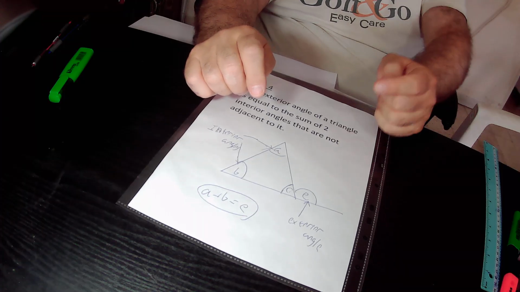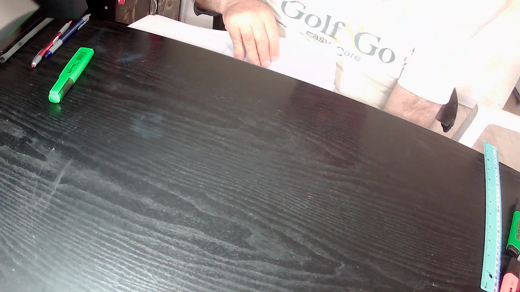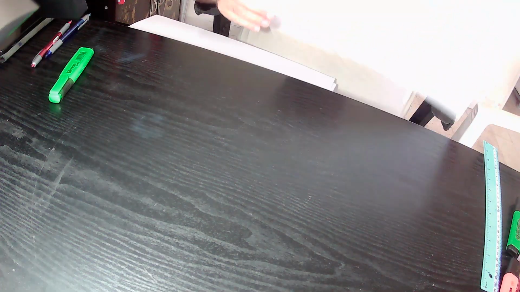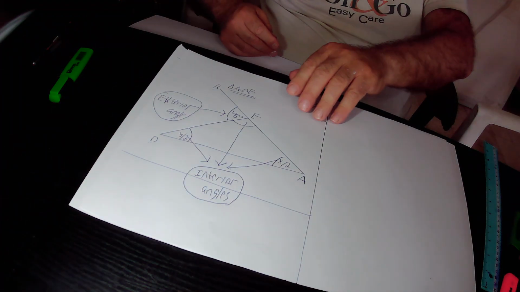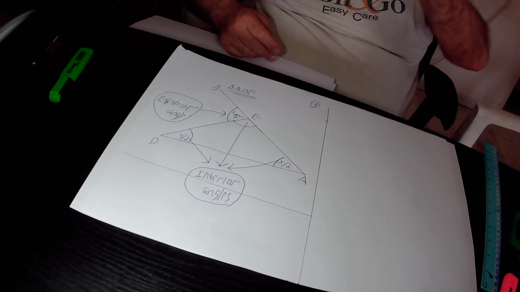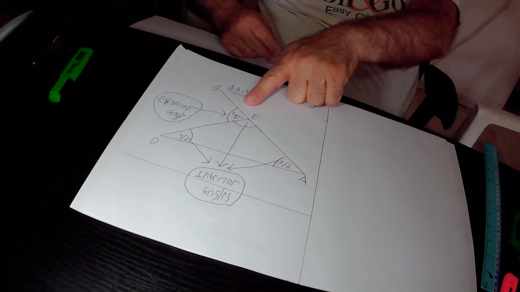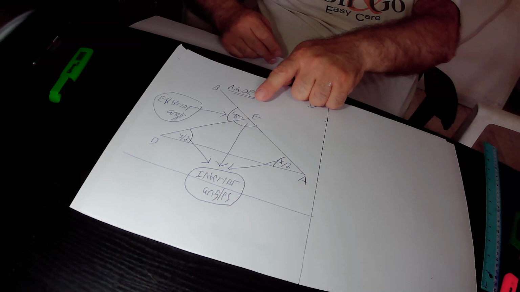So I can actually implement rule 4 in our drawing. Why? Because in our drawing this is the external angle of this triangle ADE. According to rule 4, the size of the external angle BED is equal to the sum of the two interior angles that are not adjacent to it.